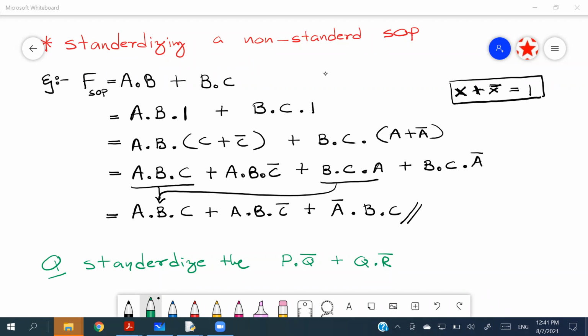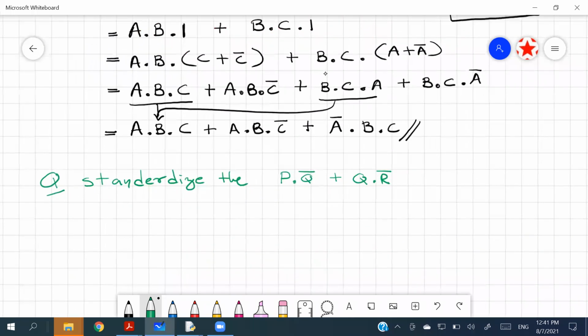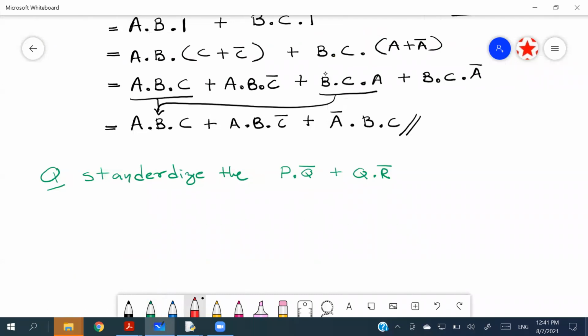the other side, or like standardizing a non-standard POS, right? So something similar technique. I'm not going to do this because you guys have done it quite okay.